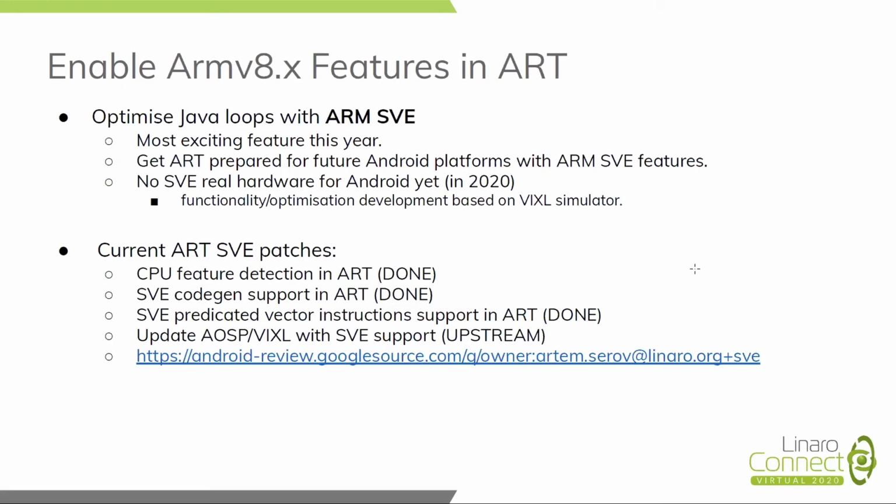Currently we are working with Google to update the VIXL in the AOSP project to introduce the VIXL SVE support in the AOSP version of VIXL. This work is ongoing upstream. If you're interested, here's a link. You can click on it and take a look.